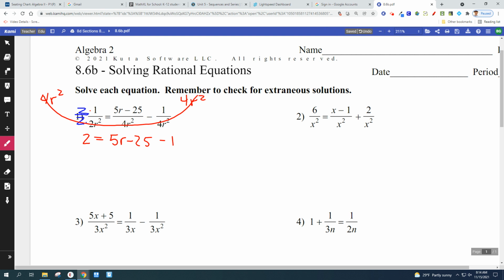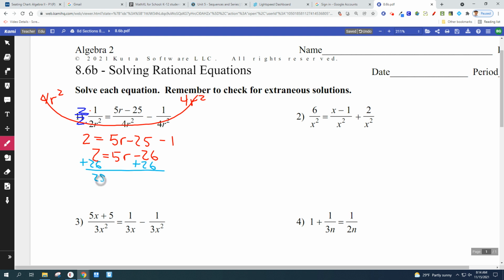At this point, it's pretty much just a simple solve. Collect your like terms, isolate the variable. So minus 25 minus 1, that makes minus 26. So I'm looking at 2 equals 5r minus 26. Add the 26 over.